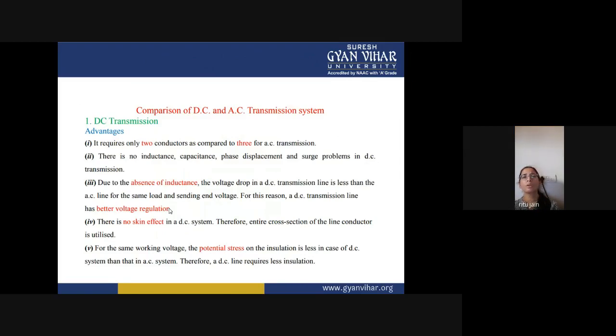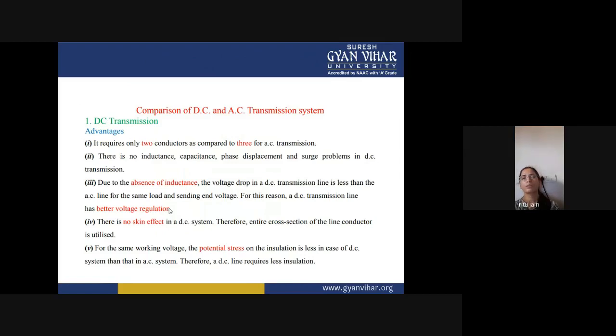There is no inductance, capacitance, phase displacement, and surge problem in DC transmission. Due to the absence of inductance, the voltage drop in a DC transmission line is less than in an AC line for the same load and sending voltage. For this reason, a DC transmission line has better voltage regulation.